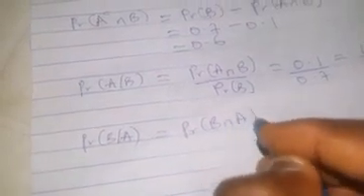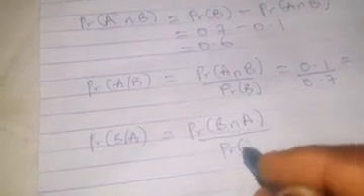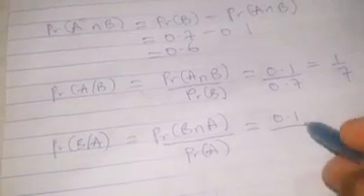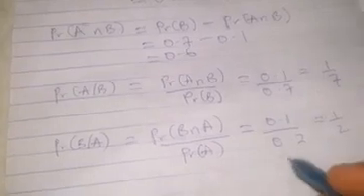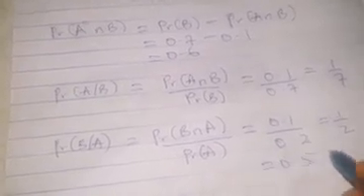Then we have probability of B given A, which means probability of B intersection A over the probability of A, which is equal to 0.1 over 0.2, that will give us 1 over 2, or if you like, you say 0.5.